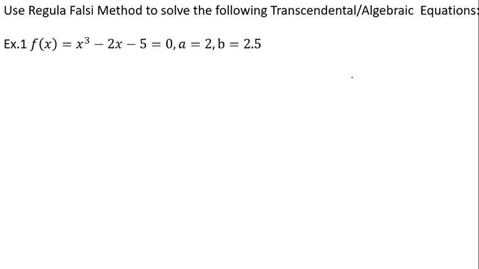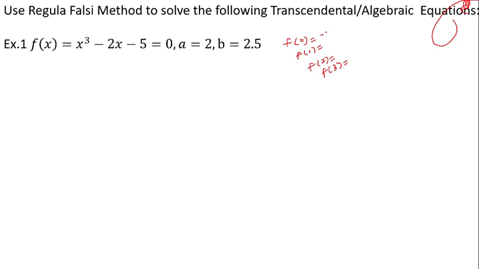Okay, now here the values of a and b are given, but suppose these are not given, then how will you find them? In that case, we have to first find f of 0, f of 1, and so on. Here, if these are not given, find f of 0, then f of 1, then f of 2, then f of 3, and so on.